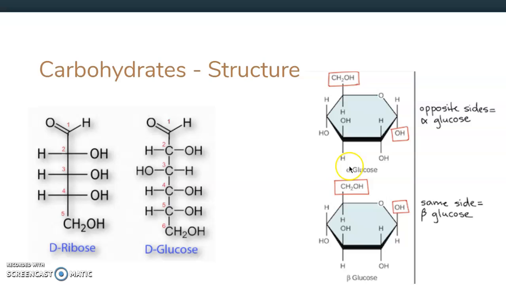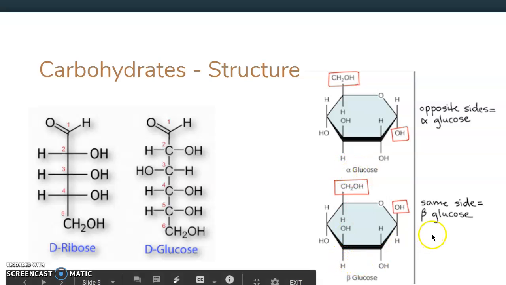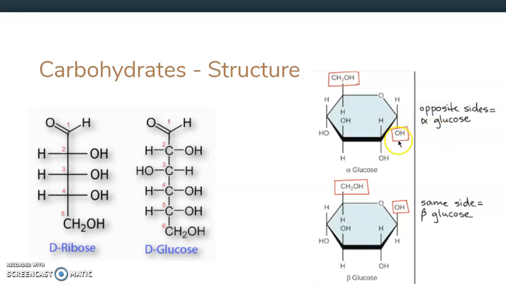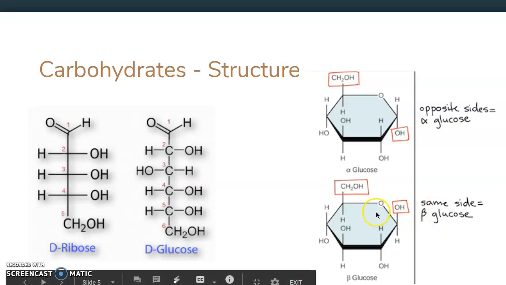There's also this difference called an alpha glucose and a beta glucose. I just wanted to introduce you guys to this. So alpha and beta are just telling us which carbon that this OH is going to be on. So alpha meaning it's on opposite sides and beta meaning it's on the same.